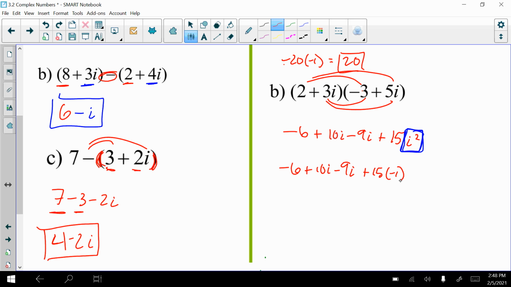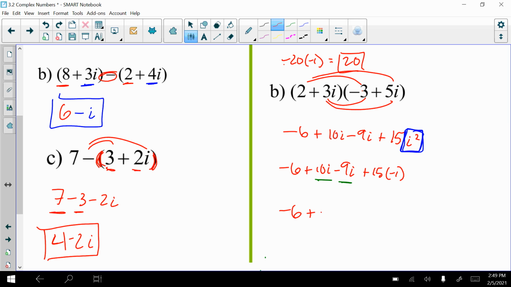So let's just simplify this a little bit. 10i and 9i, those are like terms, right? So we can combine those. And 15 times negative 1, well, that's the same thing as a negative 15, right? So we're going to have negative 6, 10i minus 9i is just 1i.